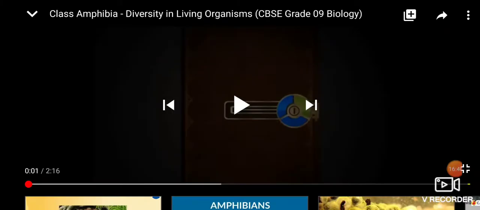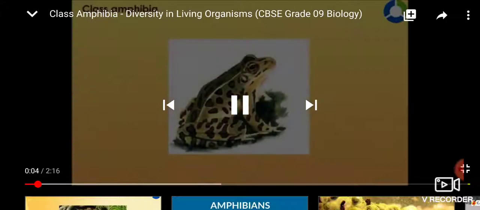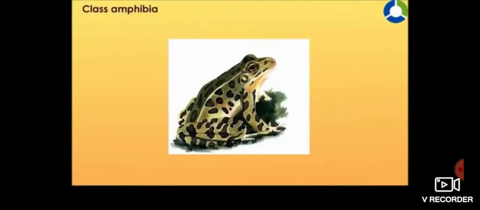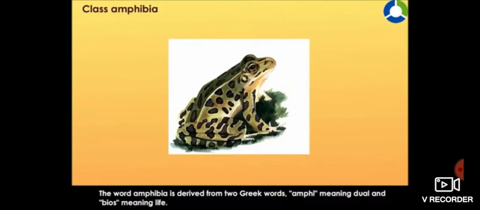So let us see a small clip regarding the general characters of class Amphibia. Class Amphibia includes animals which are adapted to live in water and on land. The word amphibia is derived from two Greek words, amphi meaning dual and bios meaning life.